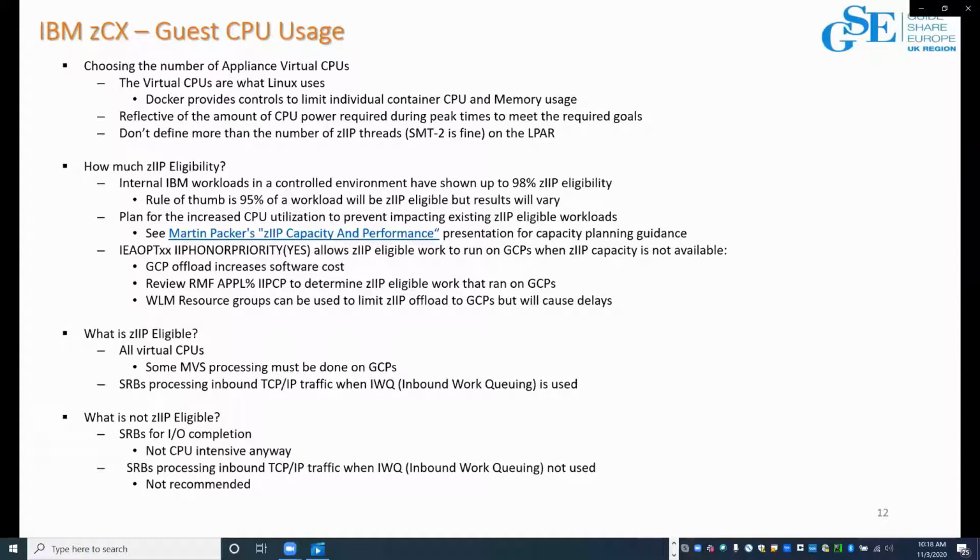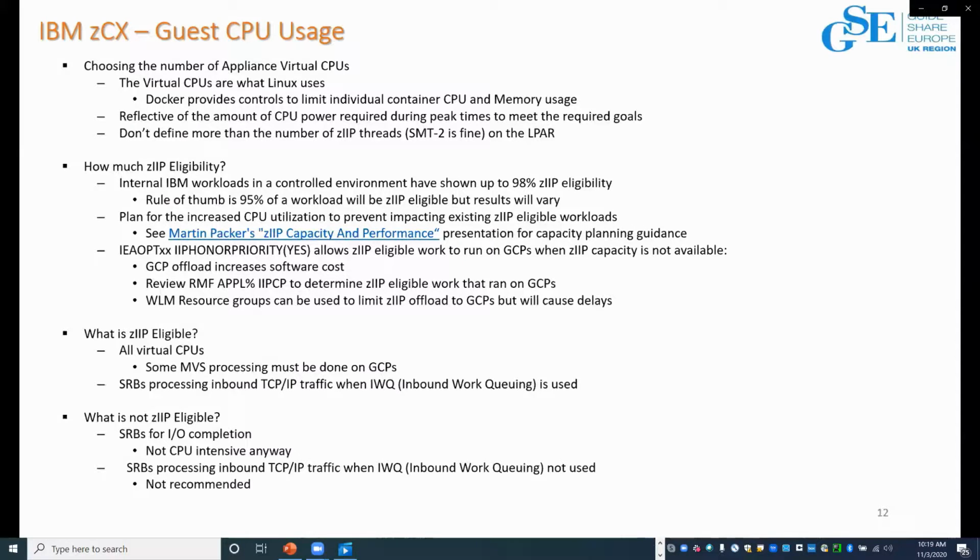What's not zIP eligible is the IO completion processing. So the SRBs coming back in from vSAN, those are not zIP eligible, but they're not CPU intensive anyway. They do very little. Most of what they're doing is waking up or actually presenting an IO interrupt back to Linux. So they queue something, they basically cause an interrupt on one of the TCBs.